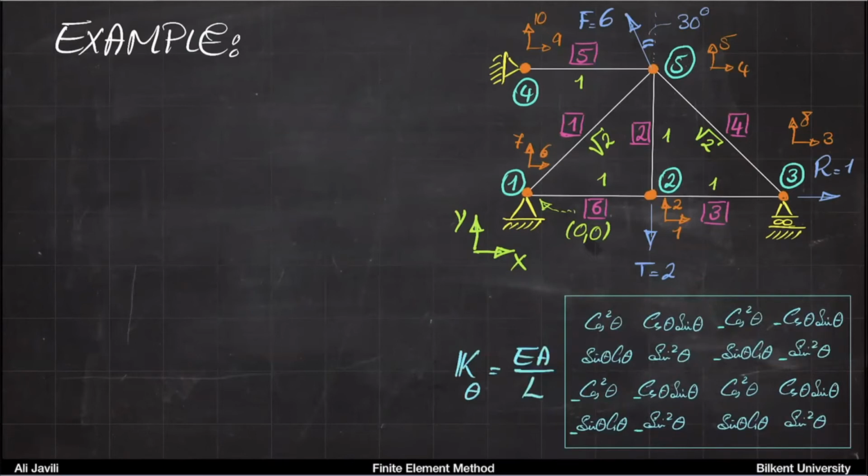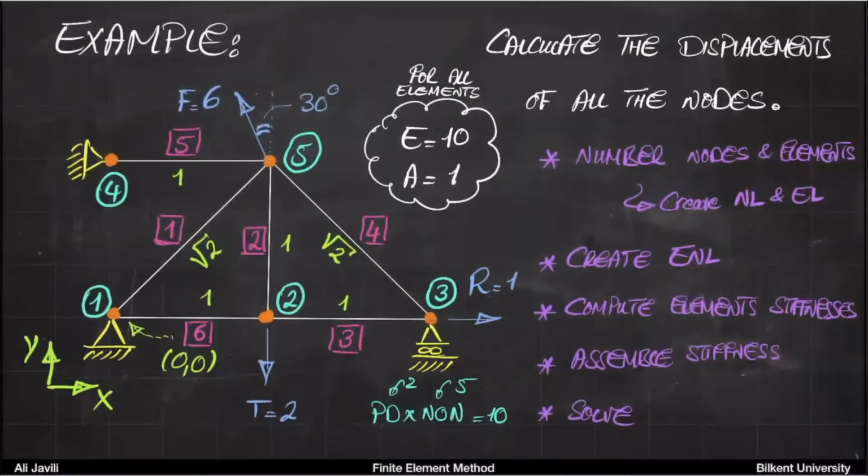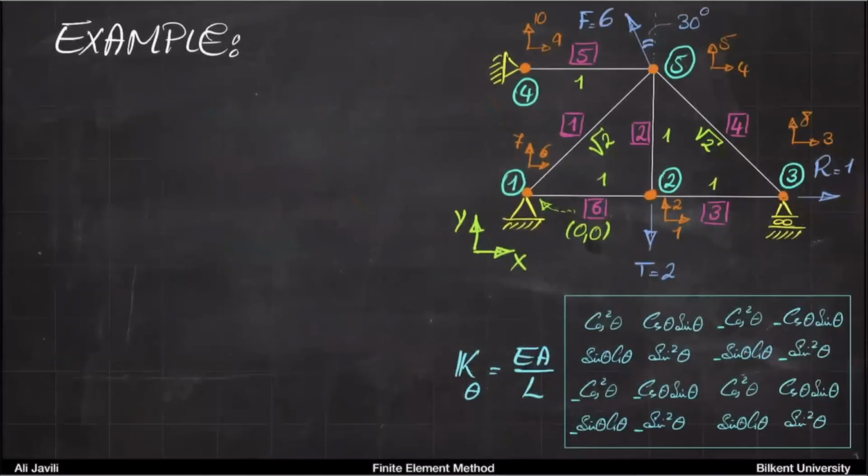And we assume that E and A for all the elements are identical here, but the lengths are different. So I'm going to put that information here in the corner. That EA over L slightly changes from element to element.